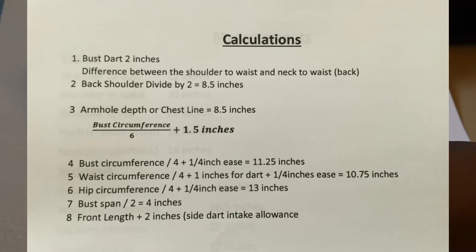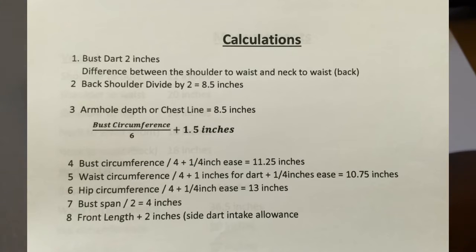On the waist, divide by 4 plus the 1 inch dart that I'm going to put on the waist and the ½ inch ease, I'm going to get 10.75, okay? And then the hip circumference, divide by 4 plus ½ an inch ease, I'm going to get 13 inches, okay?